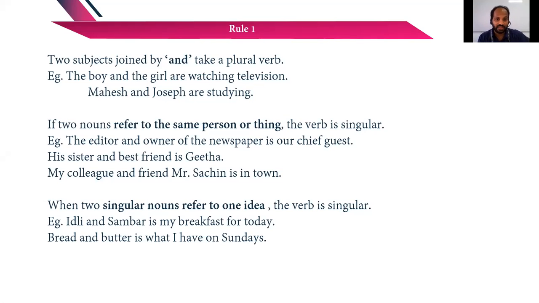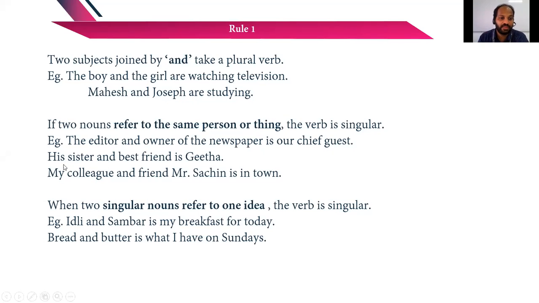That means it's the same person. The editor and owner, so both are one. The editor himself is the owner. So it refers to the same person, so it is singular: is our chief guest.